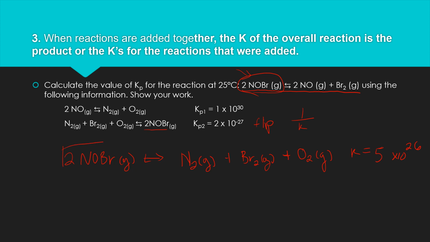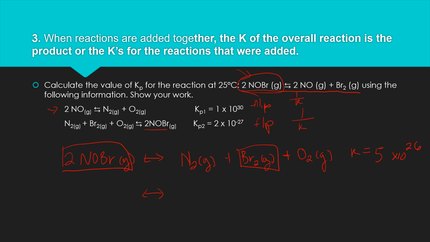That gives me my NOBr. It also gives me my Br2 on the right side, which means my other chemicals are going to need to cancel. So my second reaction has the NO, and my first reaction has the NO. It is not on the correct side either. So I'm also going to need to flip this reaction and do 1 over my equilibrium constant.